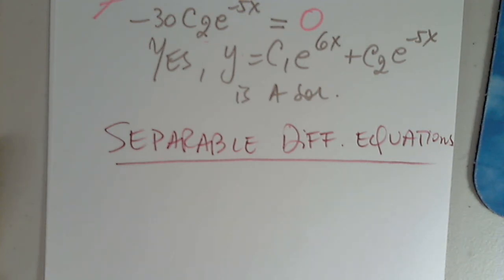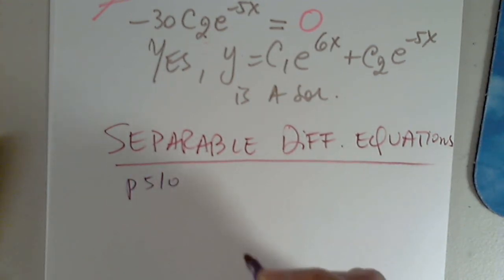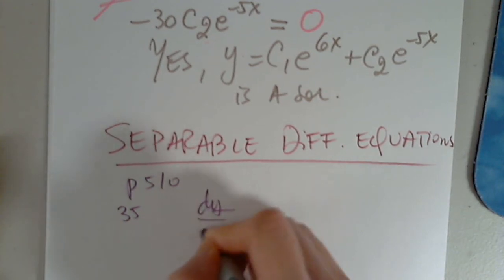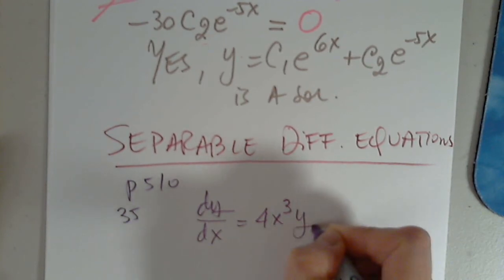And I'll take an example. I want to start with a simple one. Yes, so on page 510, let's start with 35. dy over dx equals 4x cubed y.